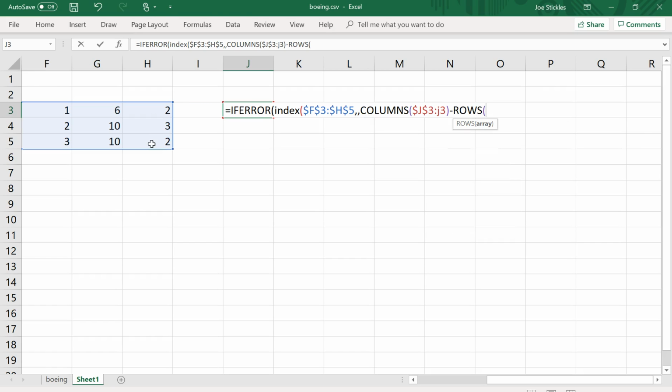Like I said, this is a lot more clever than I would have ever come up with. Same idea. Start at J3, with an absolute cell reference. End at J3 because that's the current cell that we're in. And we're subtracting the rows. What we're doing with the columns minus the rows is trying to create an error.